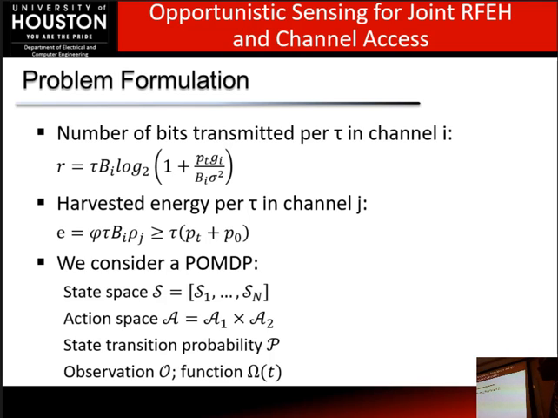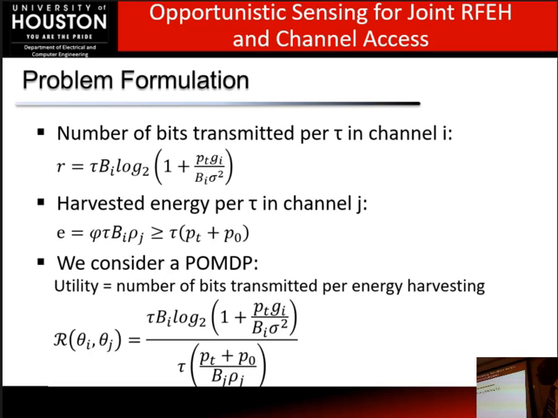So here we formulate it as a partially observable Markov decision process, where the action to be taken is one channel chosen for energy harvesting and another chosen for information transfer. And the goal is to maximize the utility, which is the number of bits shown here divided by the energy harvesting time. So it's the number of bits transmitted per energy harvesting time.